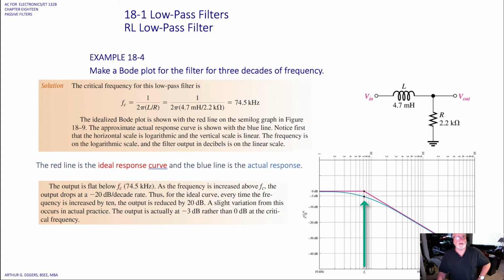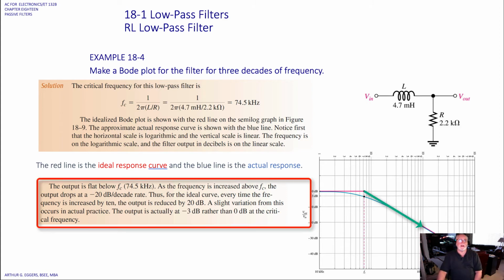Again, the red line is the ideal response, the blue line is the actual response. The output is flat below the critical frequency of 74.7 kHz, so you mark that on the semi-log paper at 0 dB. At that point, things start to change. As the frequency is increased above the critical frequency, the output drops at minus 20 dB per decade.